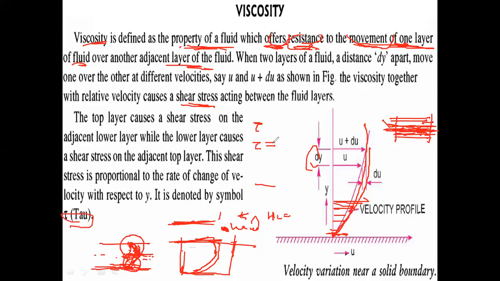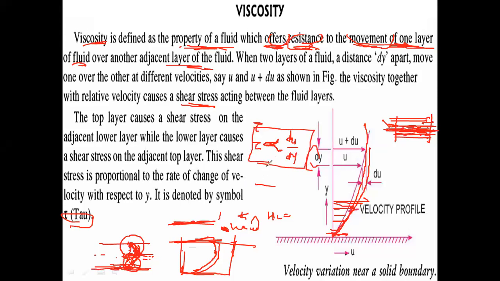Okay, and this shear stress, the scientist Newton, after doing various experiments, observed that this shear stress is directly proportional to shear strain or velocity gradient, that is du by dy. Okay, and he called this particular law Newton's law of viscosity.